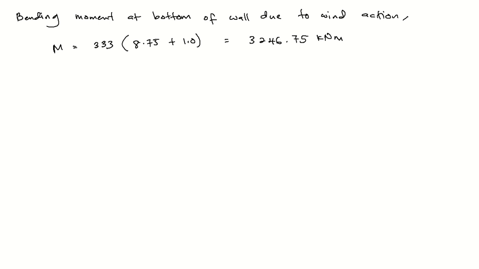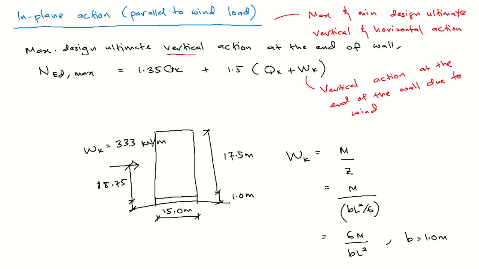Okay, so once you have M, we have figured out what is B, we have figured out what is L, then we can get what is the WK here, the vertical action at the end of the wall.